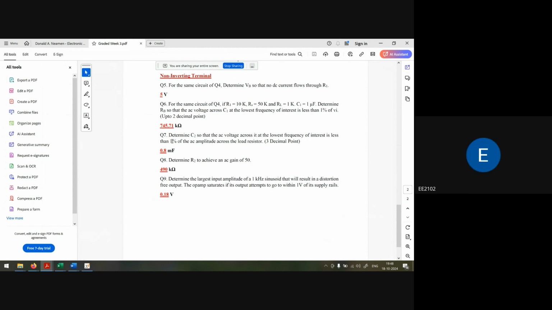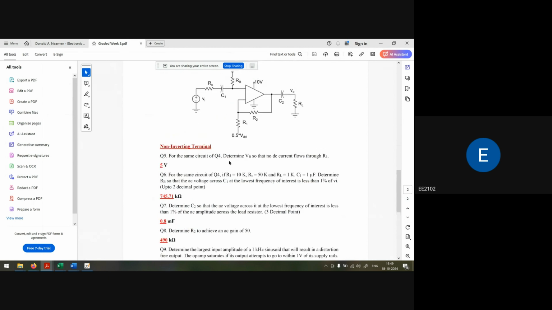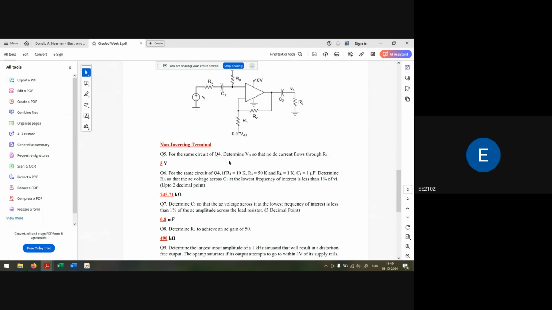Now determine the value of R2 to achieve an AC gain of 50. Can anyone tell this one? I think everyone has the correct answer. The eighth question, sir. Yes, the eighth question. This is the non-inverting gain formula, right?